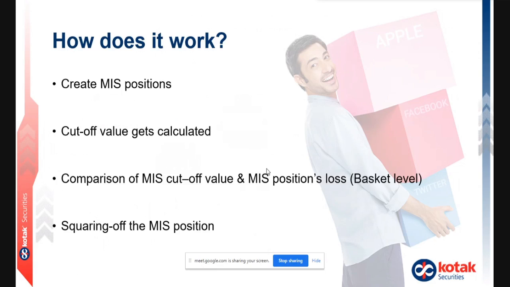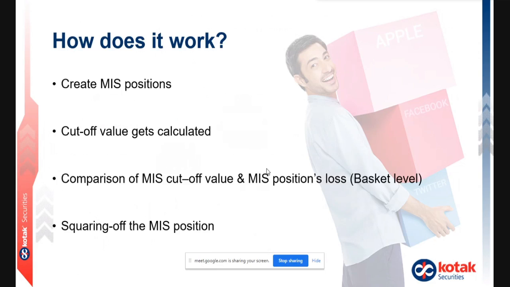Now this cutoff value will be compared with the total position's loss. I've taken an example of only one particular script in which you have taken a position. ABC is that position, and in ABC 10,000 rupees margin is utilized, and 5,000 rupees is the cutoff value which has been calculated.